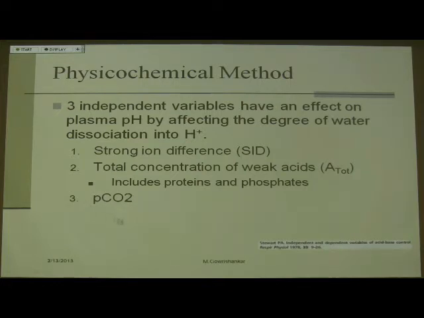And he said PCO2 definitely has an influence, so hooray to the respirologists. But we are going to leave the nephrologists out, and we are going to talk about strong ion difference. And we are also going to talk about the weak acids, which is mainly made up of proteins and phosphates.